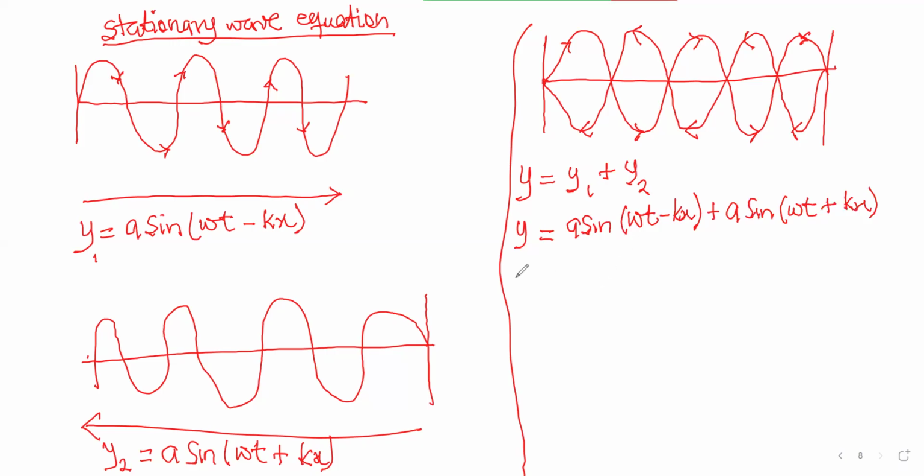And when we factorize out a, we have sine (omega t minus kx) plus sine (omega t plus kx).